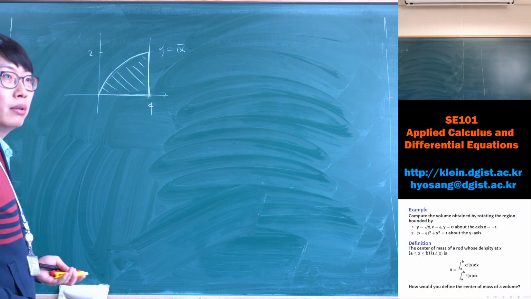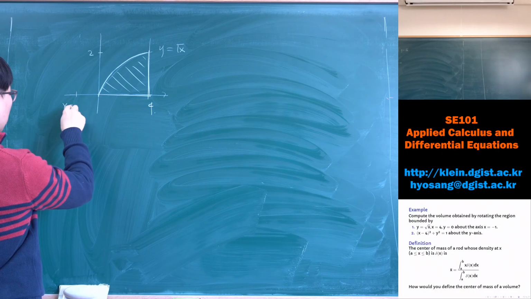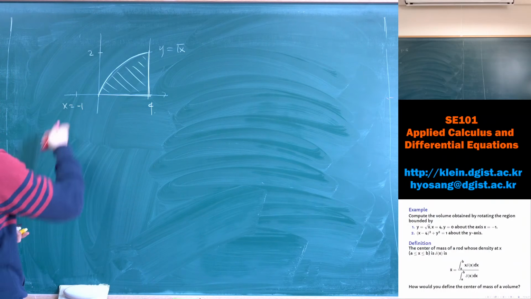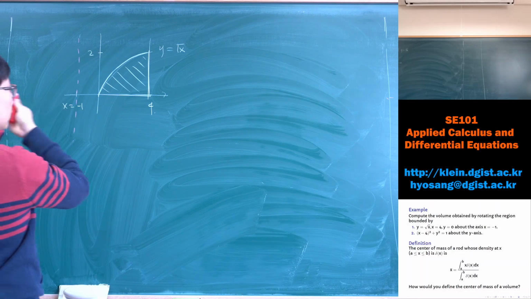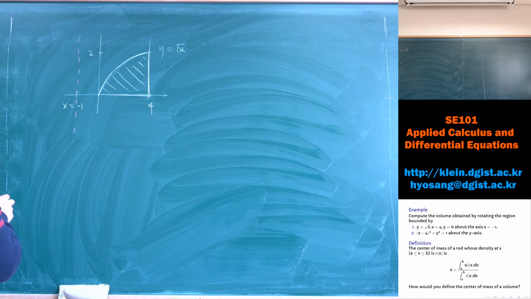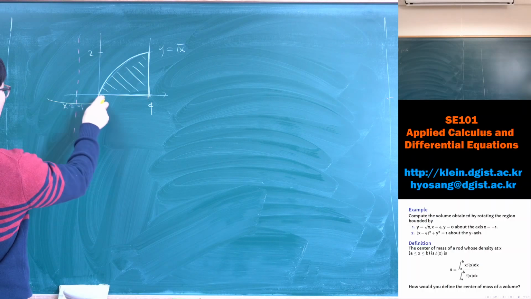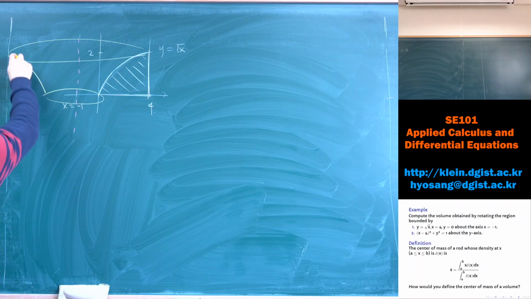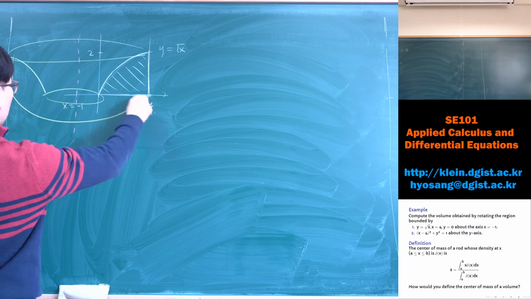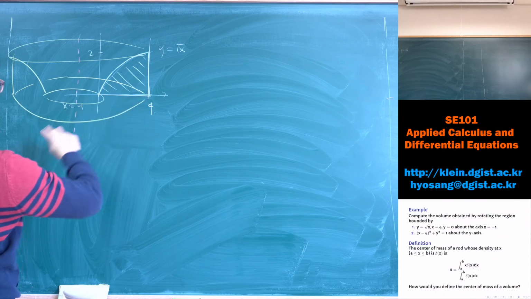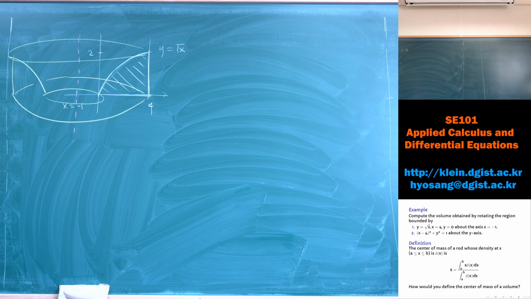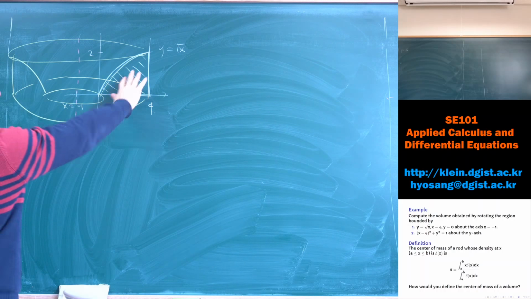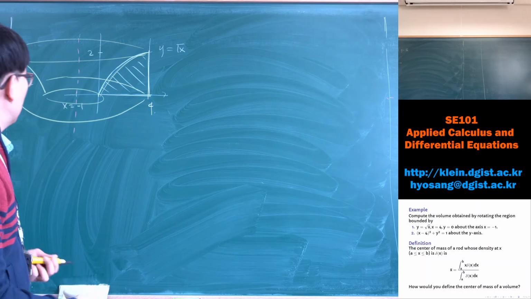And we rotate that around the x equals -1 axis. So this is a rotation. When you rotate this, you get a figure that looks like this, right? In the middle it's empty, and on the side we have a filled region.